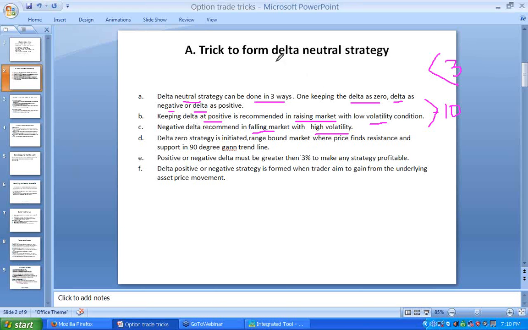Negative delta is recommended in a falling market with high volatility. This too has the same rule. You should keep your net delta between -3 and -10. -10 is a very high level.